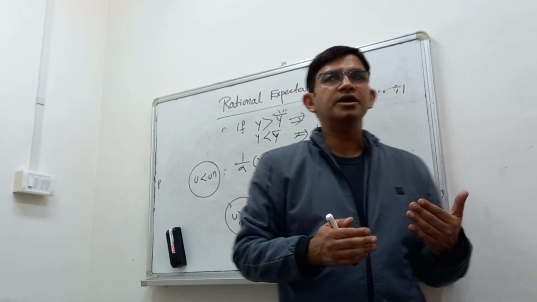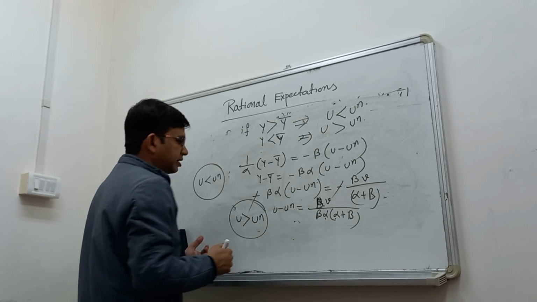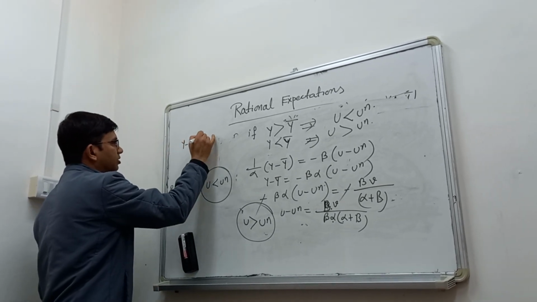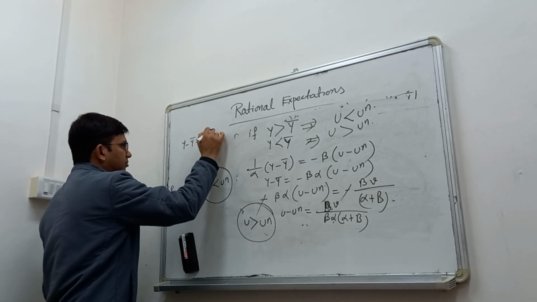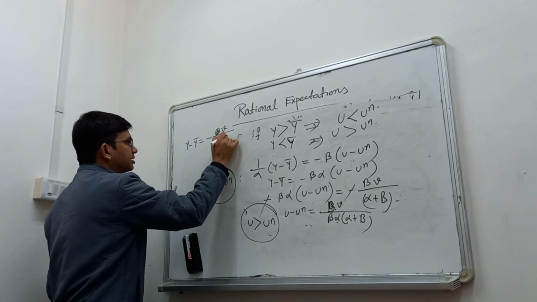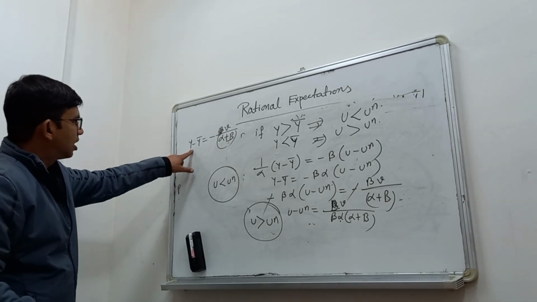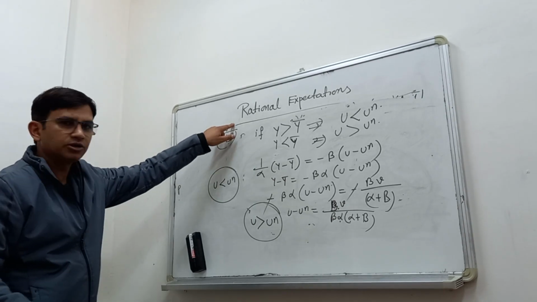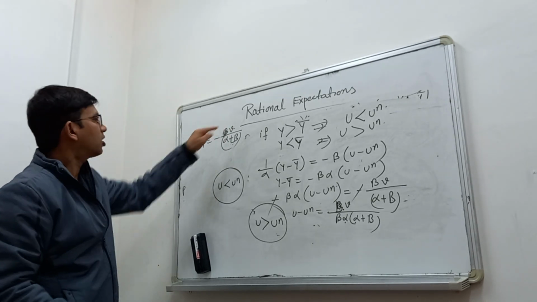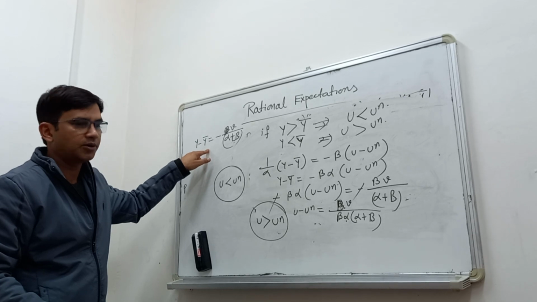So what we find here, in rational expectation, is that y minus y bar equals minus BV divided by alpha plus B. If V equals 0, that means there is no supply shock, then actual output will be equal to the natural level of output.